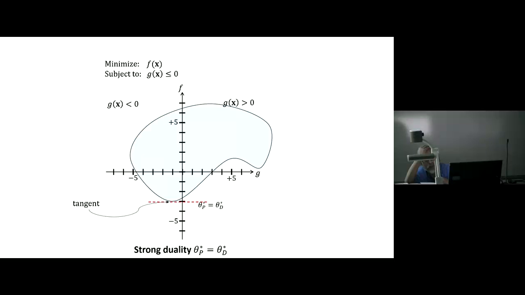Like what's the difference between x and theta? X and theta, because x is in the domain, right? We are looking at the projection of all the x's onto the fg plane. And thetas are functions, right? Like the Lagrangian.